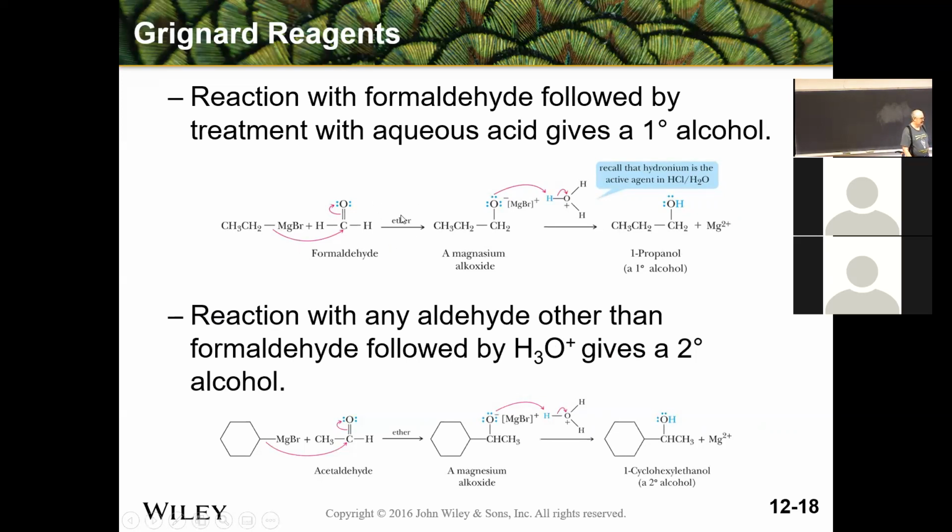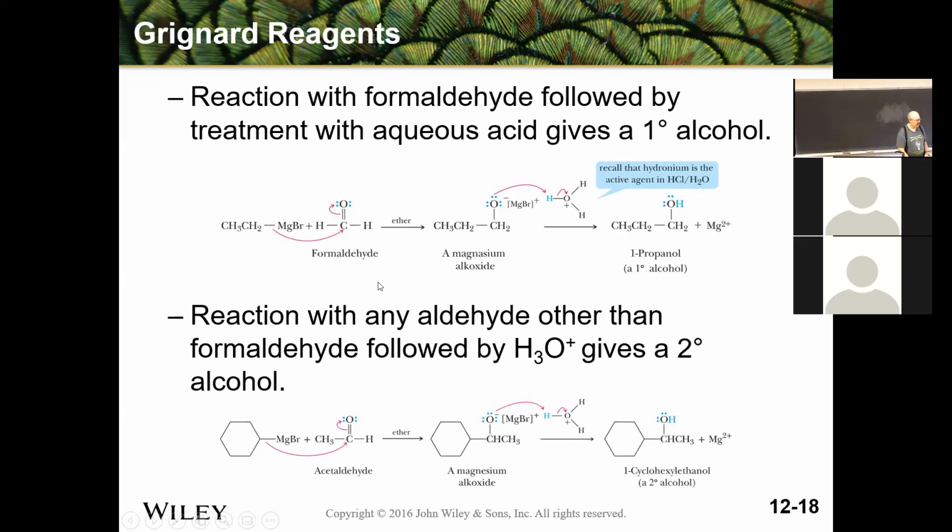Again, this is still done in ether. You need the ether to stabilize the Grignard reagent. Carbon has a partial negative charge, so this pair of electrons will attack the partial positive carbon of the carbonyl, pushing a pair of electrons up onto the oxygen.